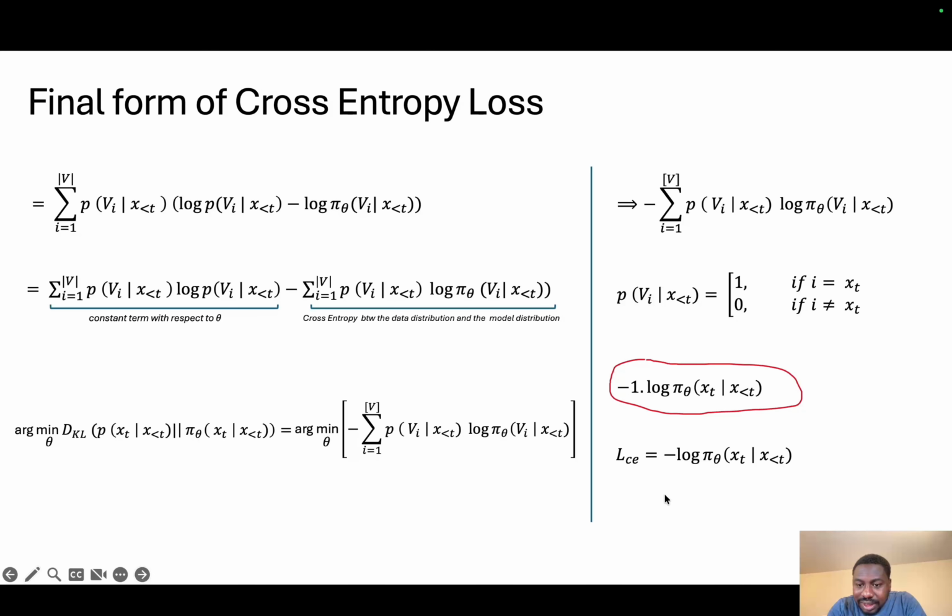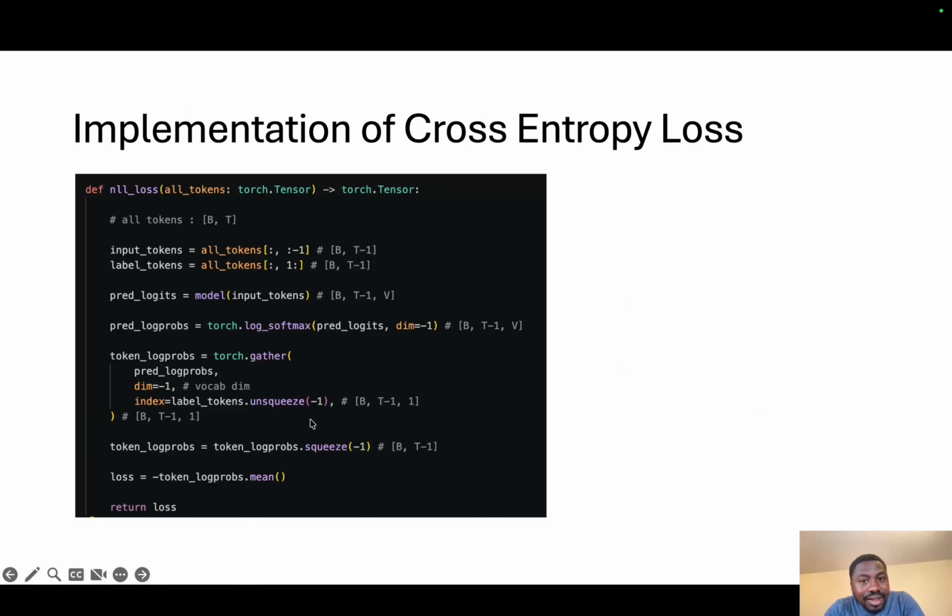So that's minus 1 multiplied by log probability that the model assigns to the next token from our data. And so the cross entropy loss, we can consider that 1 is a constant. So we have just the negative of the log of the model's probability, which is typically the negative log prob of the model. And cross-entropy loss can be implemented very simply in PyTorch. In this case, for example, let's take all tokens up to T. You could take the input tokens as every token before the last token, that is from 0 to T minus 1.